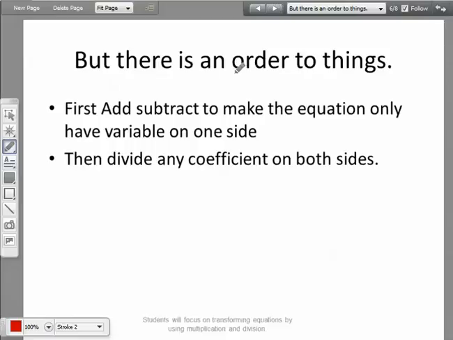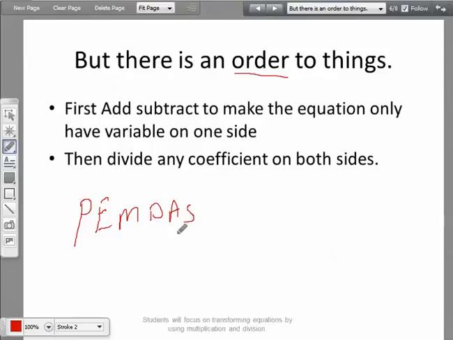The answer is there is an order to things, and the order that comes to mind to begin with is PEMDAS, right? So if we're solving a problem rather than just using an expression and trying to find the value of it, which is what you use PEMDAS for, we're going to solve an equation by going backwards through it.